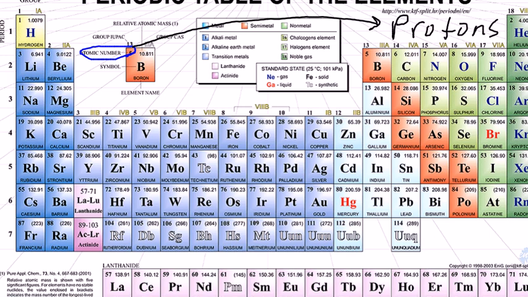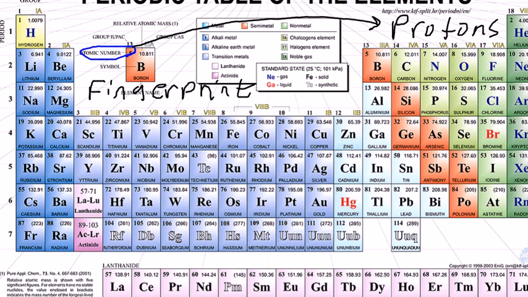The way I look at it, it's like a fingerprint for an element. That tells us, in nature at least, how many electrons I can expect to find in a normal atom that hasn't undergone a chemical reaction or hasn't been ionized.